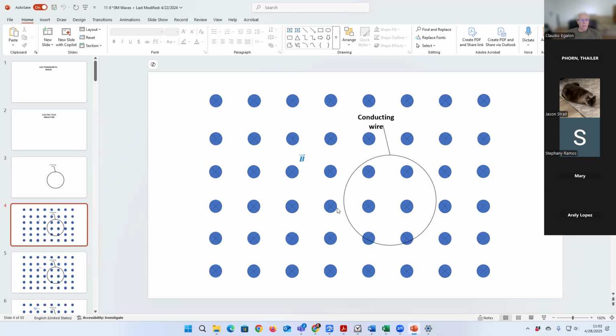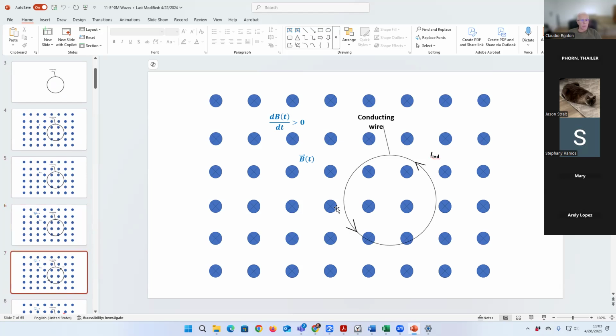And if the magnetic field changes in time, there will be a current induced in this conducting wire. But we do not have to have a conducting wire to have induction. Here's the wire. If the magnetic field is increasing as time goes by, the electric current will be induced in a counterclockwise direction.